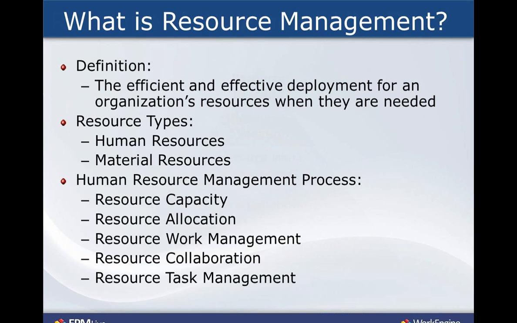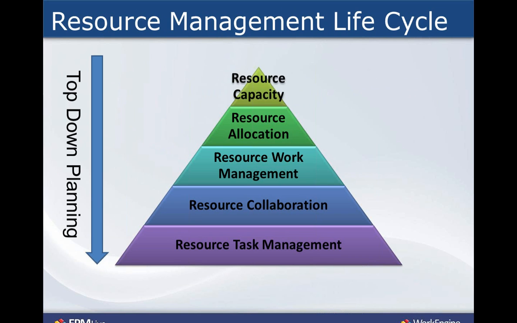If you look at the resource management lifecycle from the top down, you really start from broader, more high-level resourcing down to more specific and finite allocations and uses of resources and tracking of resources.